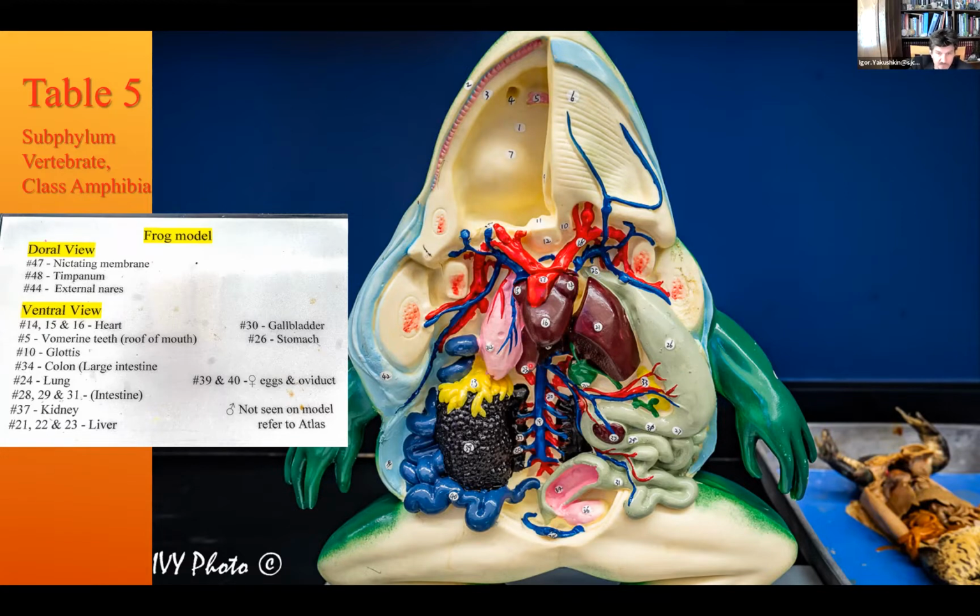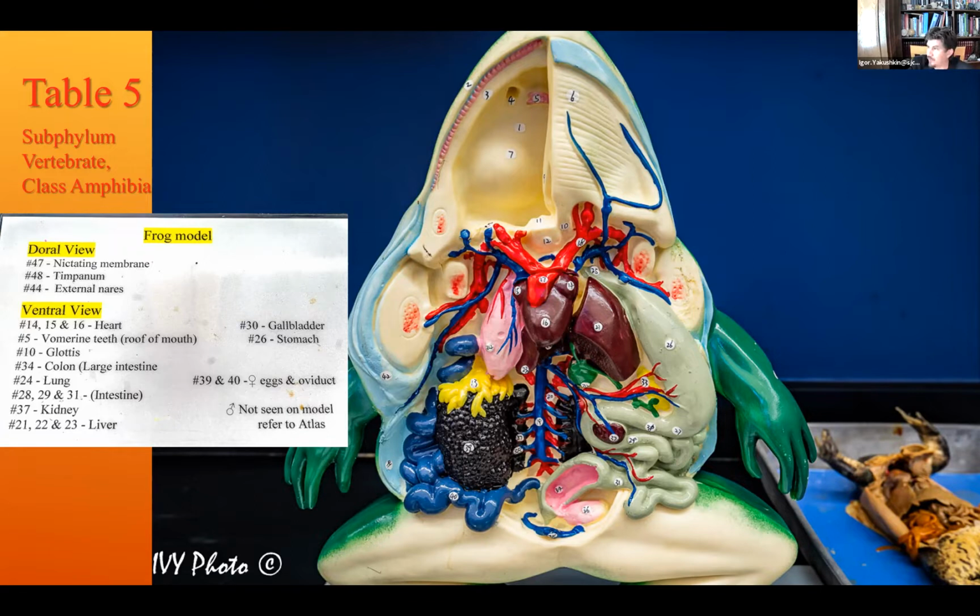No, it's part of the liver. Where is the kidney? On the actual one, you can see kidney really, really well. On the model, anyway, I'll show it to you on the actual one, hopefully.